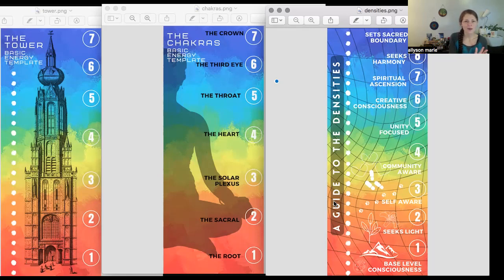In the tower model here on the far left, the second floor of the tower is really what we see as the first floor of the house. Up one level, it's not rooted in the basement area, it's not half in the ground like the root chakra.